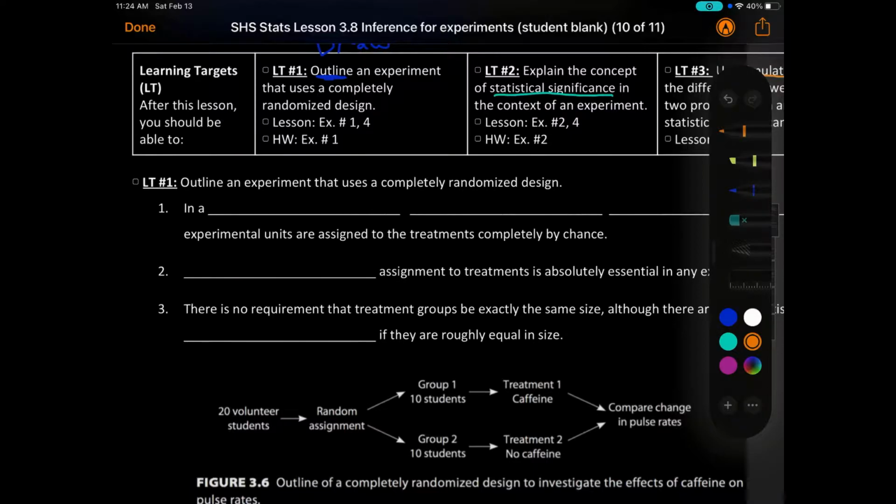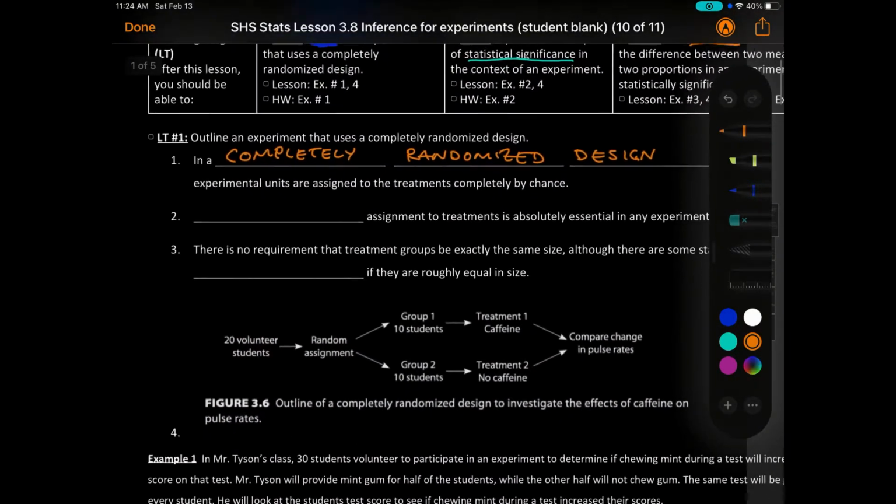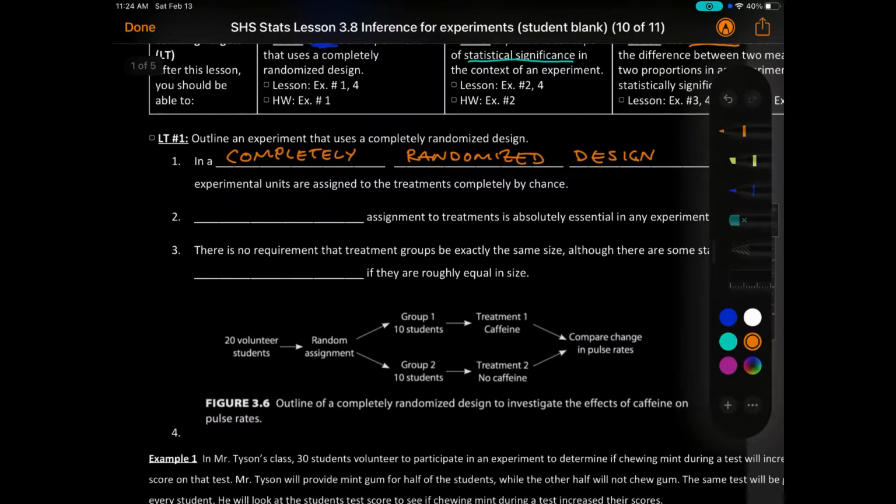Learning target number 1, in a completely randomized design, the experimental units are assigned to the treatments completely by chance.